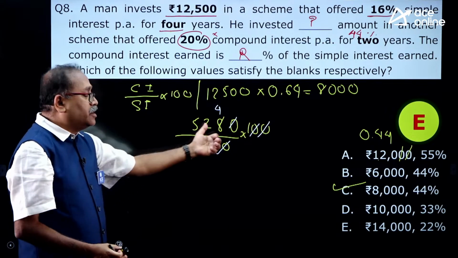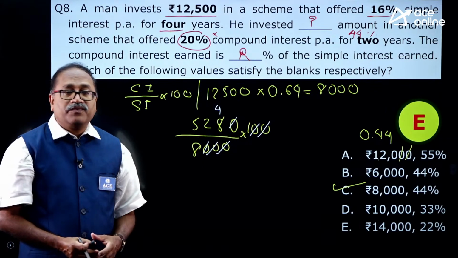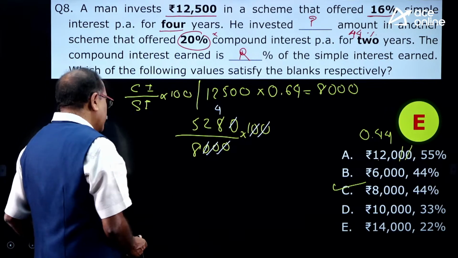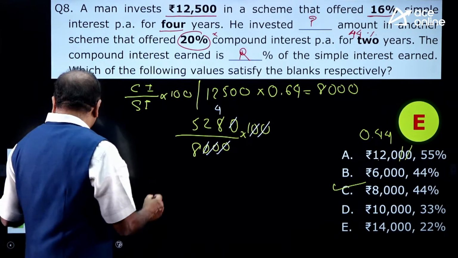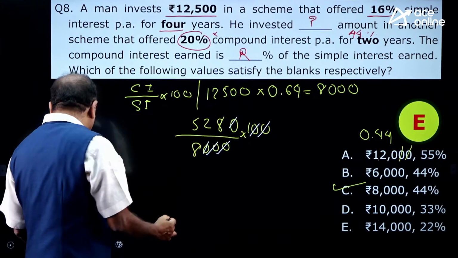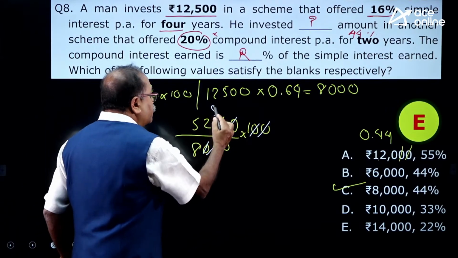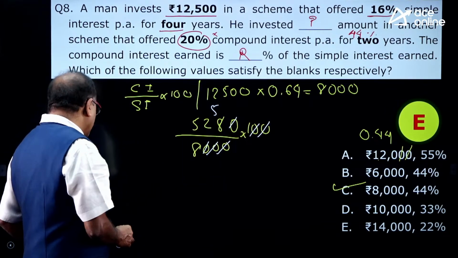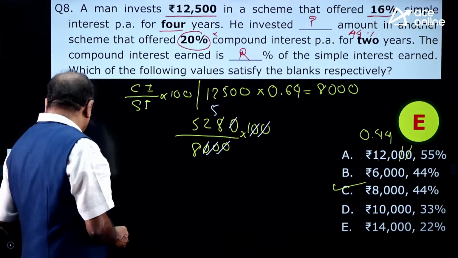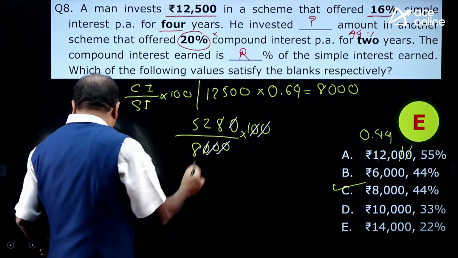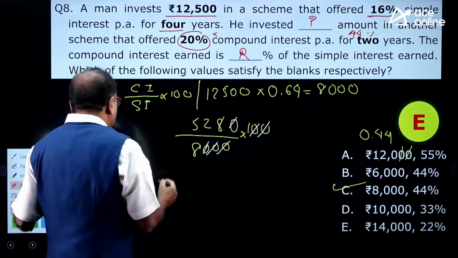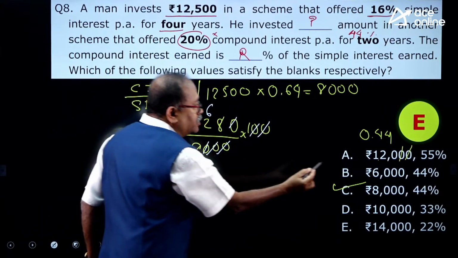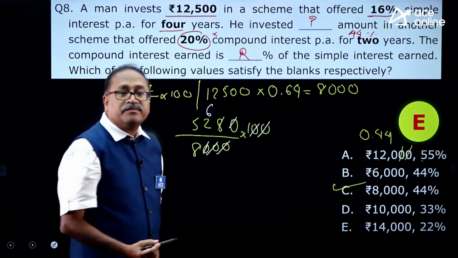I am left with 128. It will not go 5 times. 5, 8, 5 is 40. Okay, I will take this one 5. So 5, 8 is 40. Now why not take 6 here? I can see that the first time it goes 6 times. So it is not 55%.